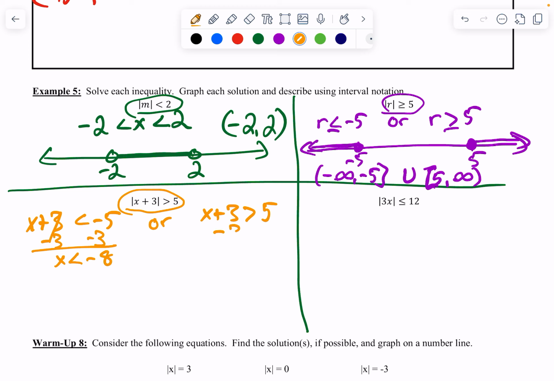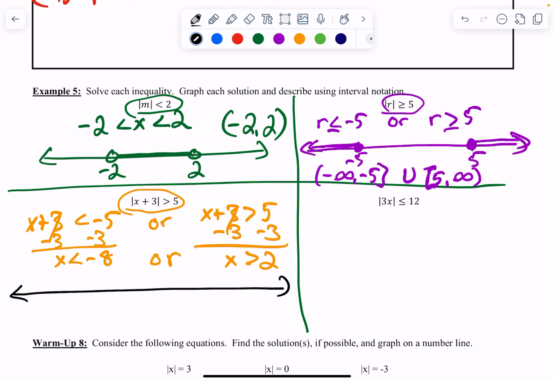Or same thing here, subtract 3 from both sides. X is greater than 2. So these are our solutions now. We graph a number line where we have our -8 and we have our 2. -8 is not included, so it's a circle.